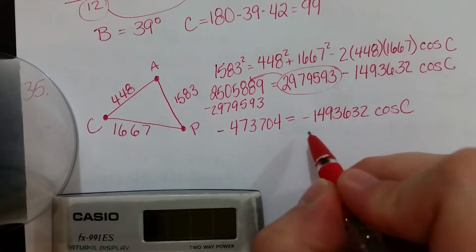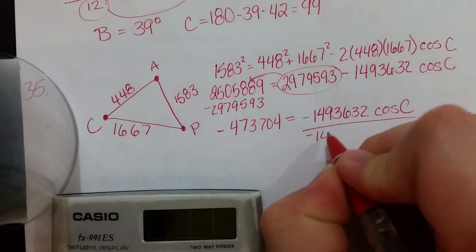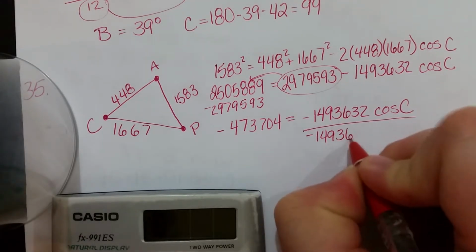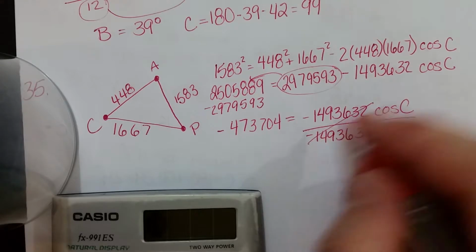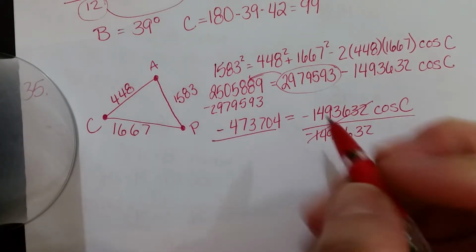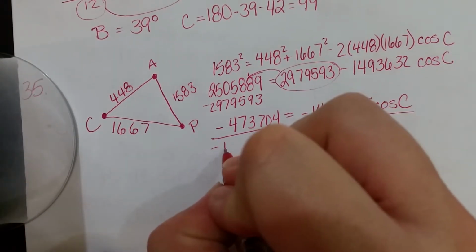Alright, so from here you're going to divide by this one. And whatever we do on one side, we have to do on the other. Watch your signs, all of that.